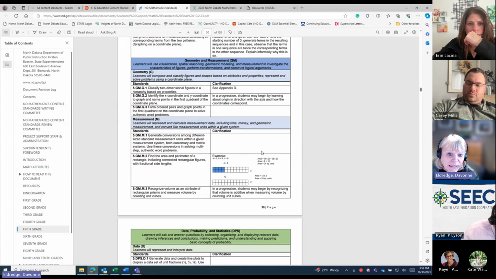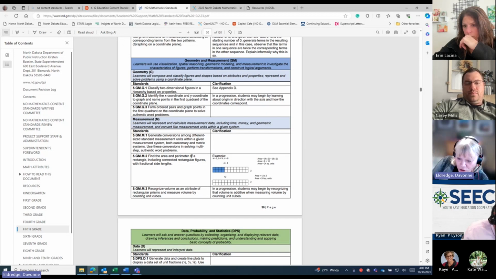They did talk about finding the area and the perimeter of a rectangle, and they do get into the formula somewhat within the 5th grade level, because they moved that all down. We had to balance between the two when we were playing the game of who gets what.